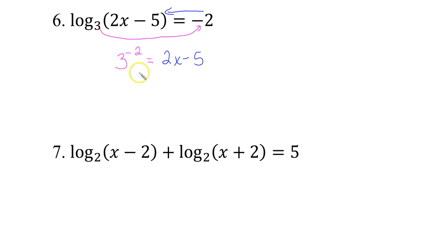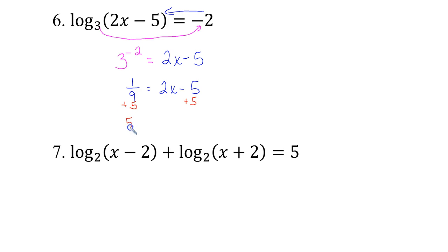Okay? So now 3 to the negative second power, we can rewrite that as 1 over 3 squared, or 1 over 9. I know you're seeing the fractions and thinking, don't like fractions. We got this. We're going to add 5 to both sides. So I'm going to put this step in here. So I'm going to add 5 to both sides.